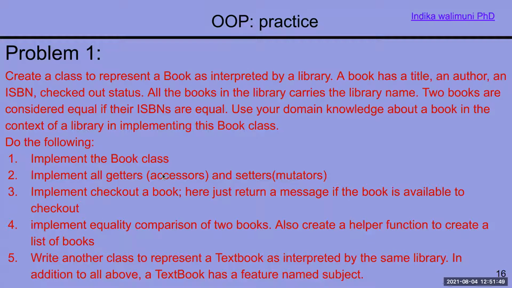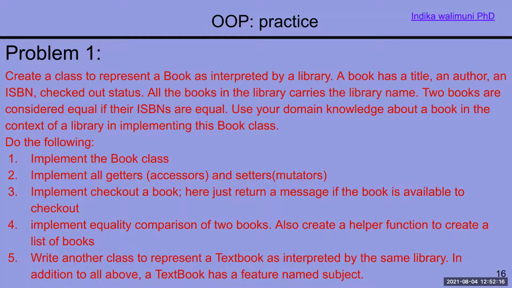Okay. So the problem says, all right, implement the book class, implement all getters, accessors, and setters, implement checking out a book. Okay. So here, we don't have a physical library, right? So the process is not attached to a physical library.